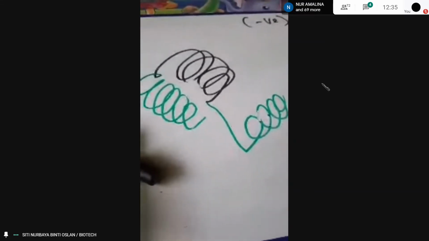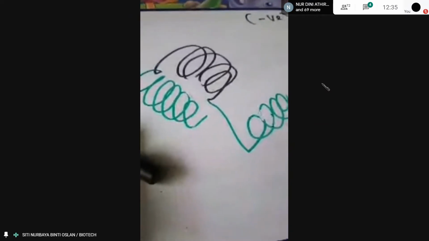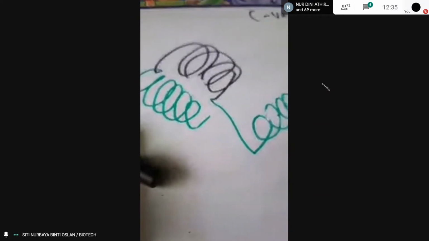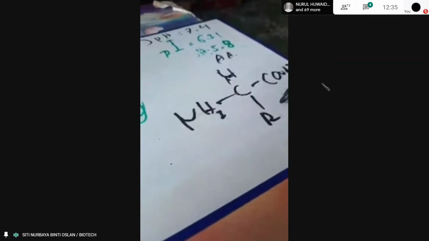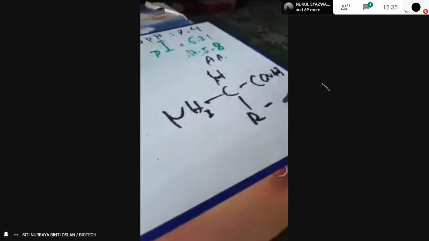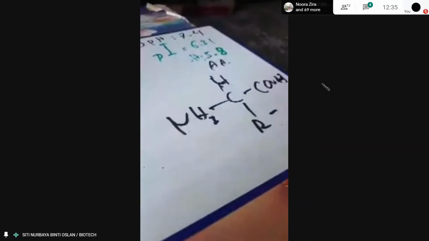COOH, R, and NH2. So all these amino acids, all the side chains, we're talking about the side chains here, all the side chains will become negatively charged.